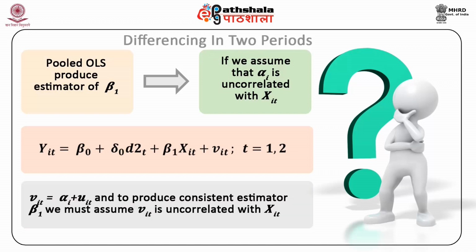In this case, v_it is equal to alpha_i plus u_it and is called the composite error. And we must assume that v_it is uncorrelated with x_it in the two periods case for OLS to produce a consistent estimator of beta 1 and other parameters. This will hold true whether we use a single cross section or pool the two cross sections.